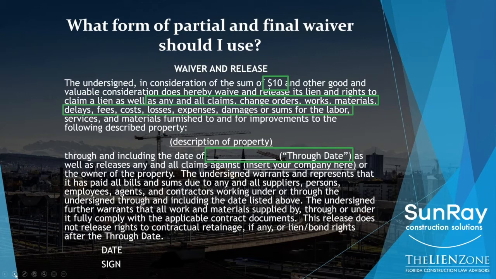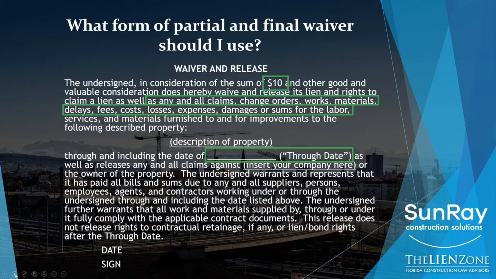The other reason is many folks who are giving you a check don't want to argue about whether the check should have been 10,000, 30,000, 100,000. So if they give you a $30,000 check and you're expecting a $50,000 check, but they write $10, the release is still effective because it doesn't talk about how much you were supposed to get.